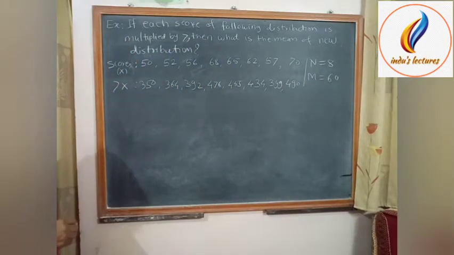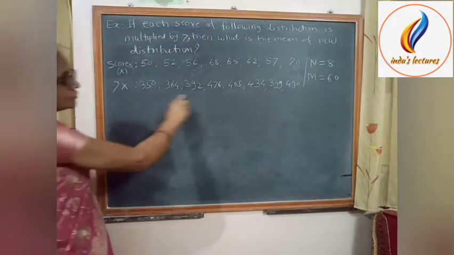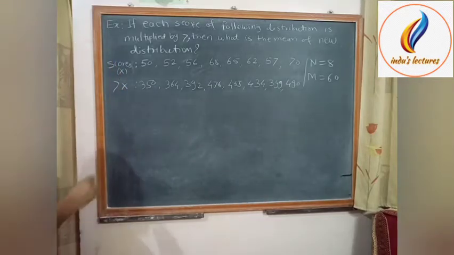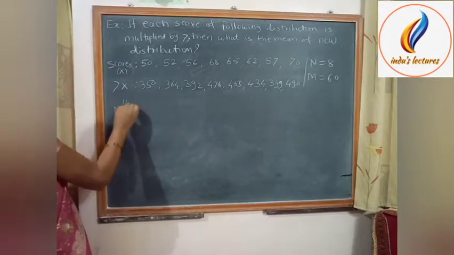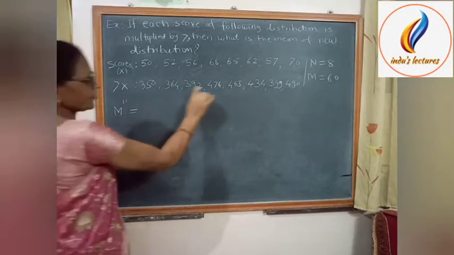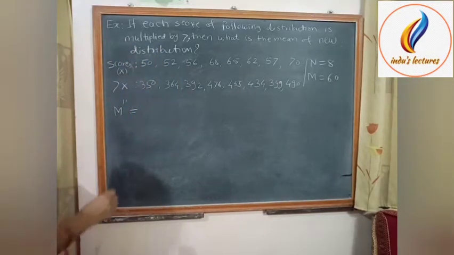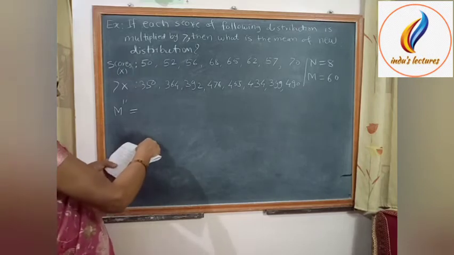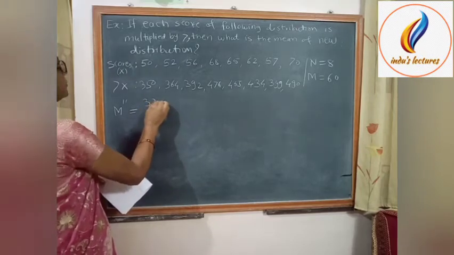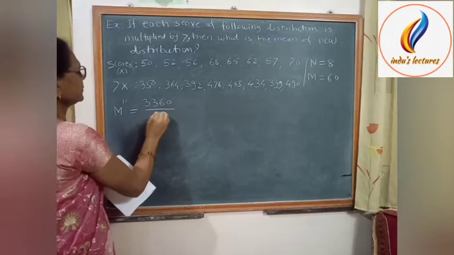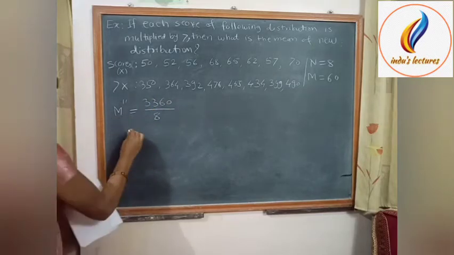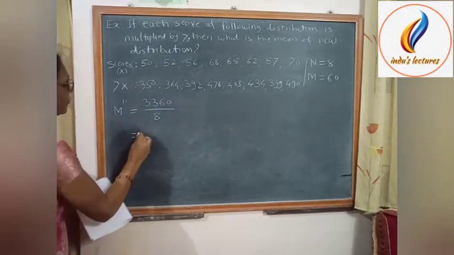Suppose the mean of this new distribution is m double dash. So m double dash is equal to the sum of all these scores upon the total number of scores, 8, and the sum of all these scores is equal to 3360, divided by 8, which is equal to 420.